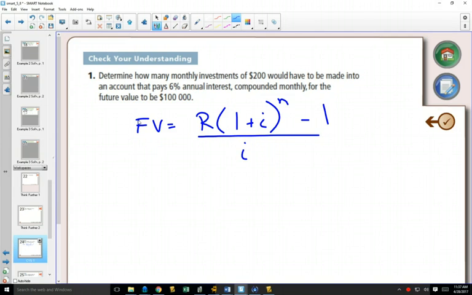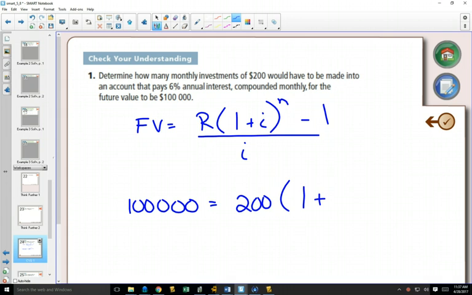So we want the future value to be 100,000. This is kind of exciting because you're putting $200 away each month. You want to know how long is this going to take? Am I going to be like 833 years old before I can take out $100,000? What's going to happen?